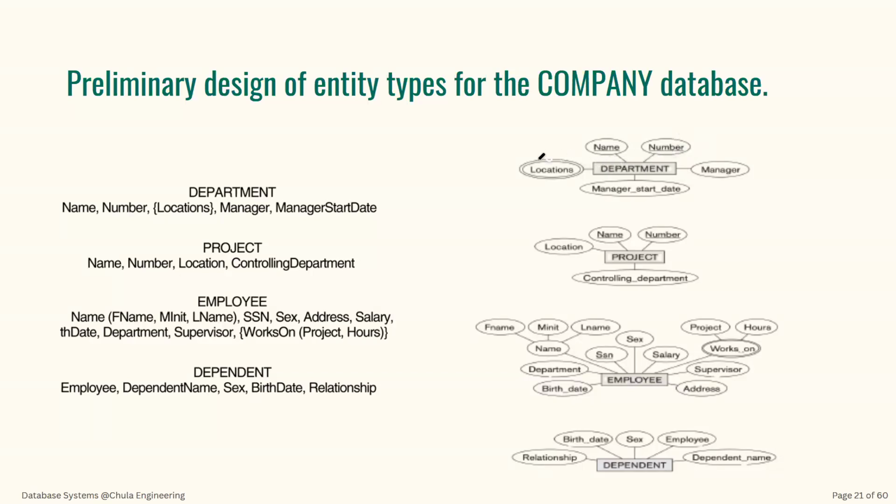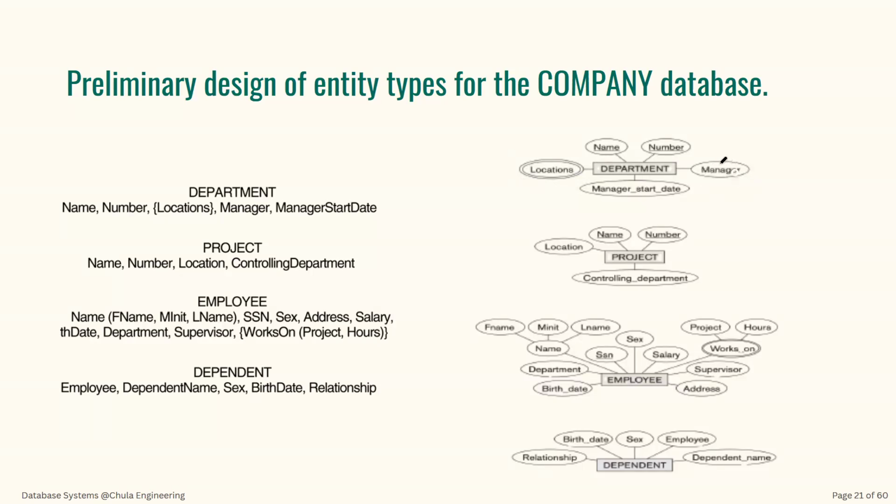It also has many locations. To depict many locations, we say it is a multi-valued attribute, and multi-valued is signified with the double lines. For the department, we also have manager and the starting date.